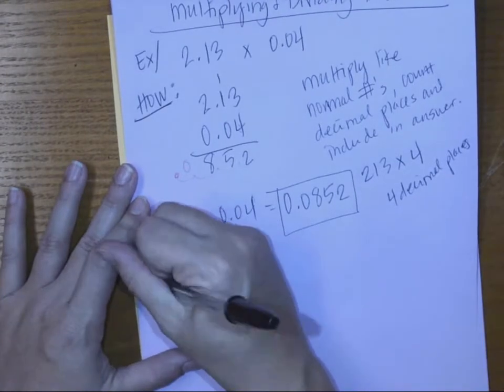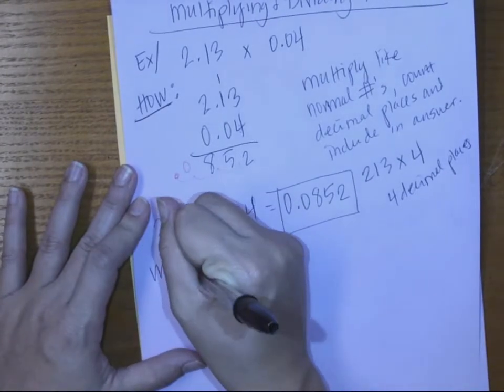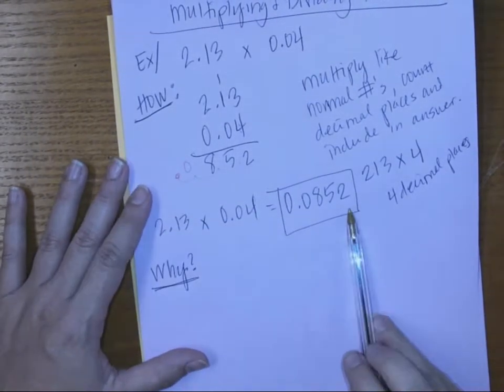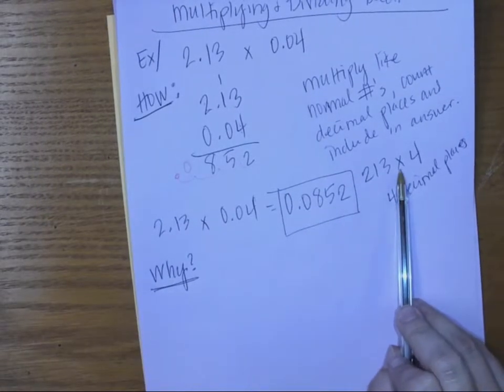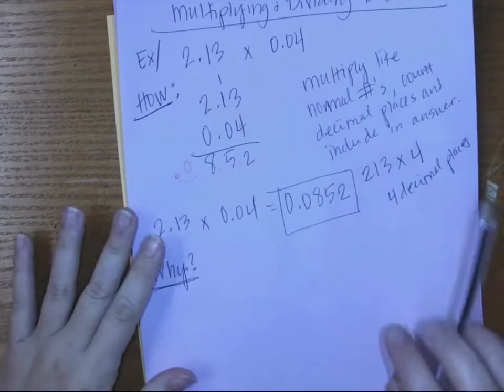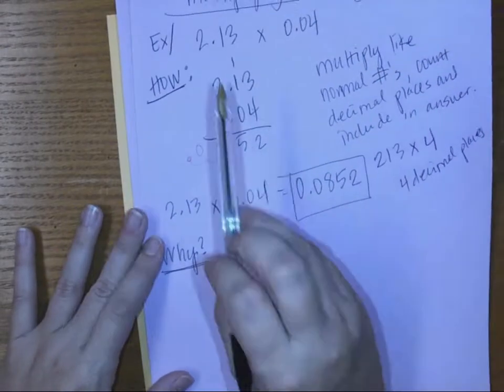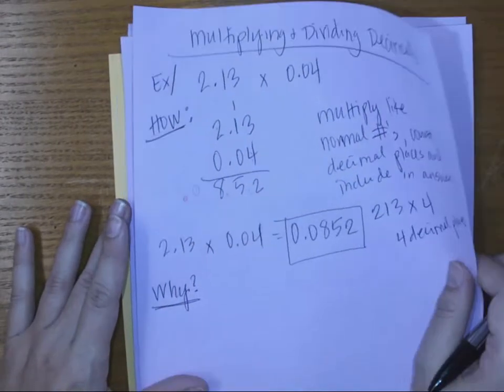So now let's go over the why. Why in the world can I just multiply 213 times 4 and then stick 4 decimal places in there and get my answer? Well, if I switch these over to fractions, it makes a little more sense.